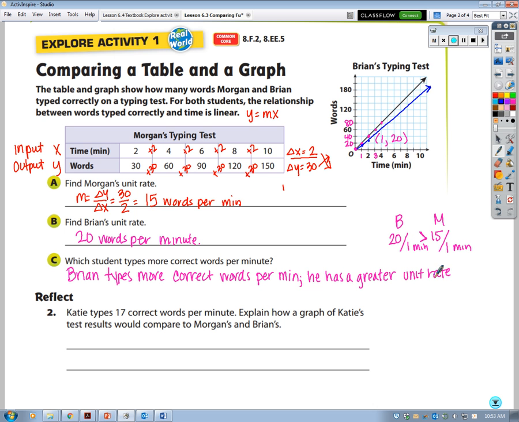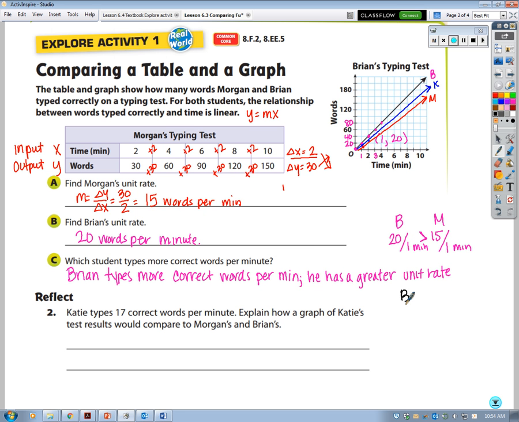But 17 is greater than 15 words per minute, which is where we would find Katie's, right? So this would be Morgan's, and this would be Katie's, and then this is Brian's. Because she has a unit rate that is greater than Morgan's, but less than Brian's.